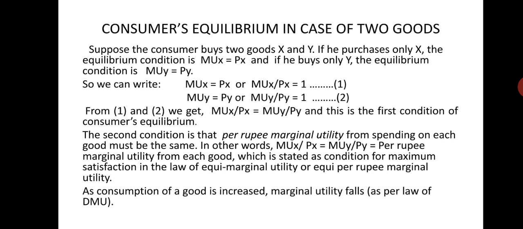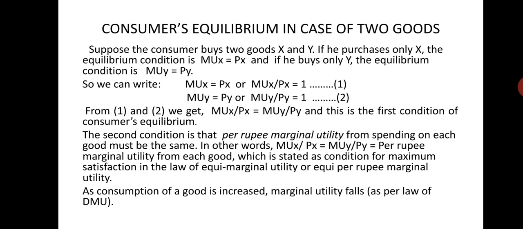Right. So the second condition is that per rupee marginal utility from spending on each good must be the same. In other words, MUx upon Px is equal to MUy upon Py is equal to per rupee marginal utility from each good.